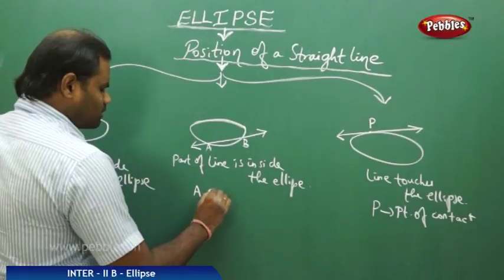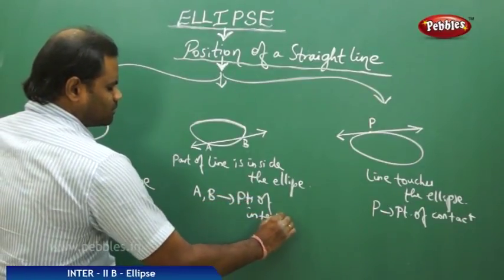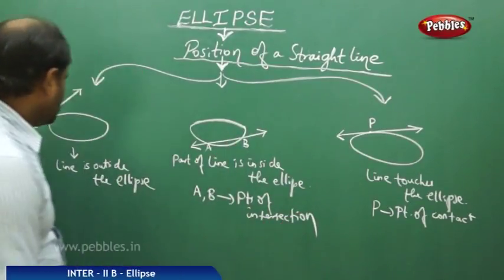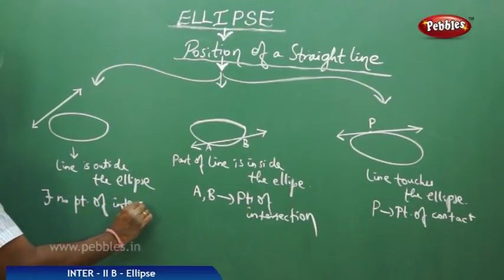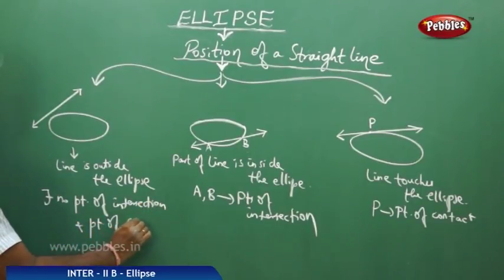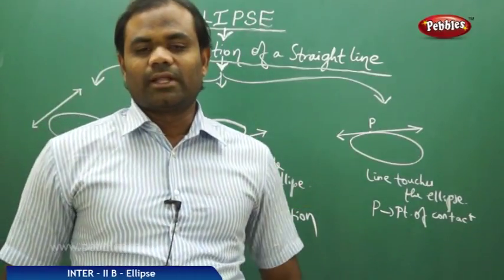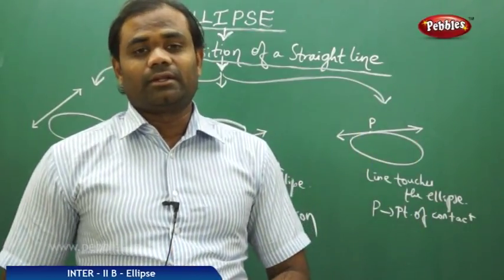Here A and B are the points of intersection of the line and the ellipse, and here there is no point of intersection. There exists no point of intersection and no point of contact, is how we understand the three cases of the line outside the ellipse, part of the line inside the ellipse, and the line touching the ellipse.